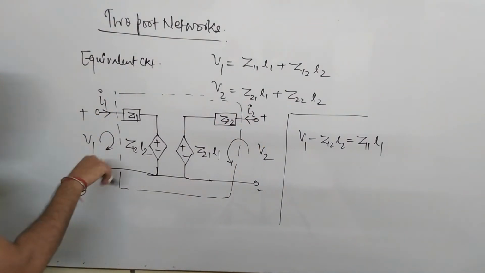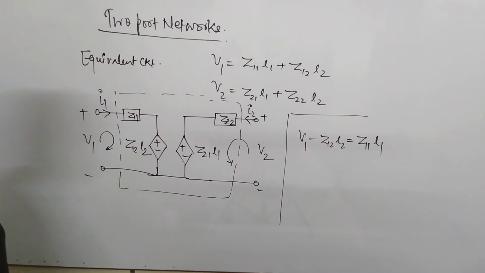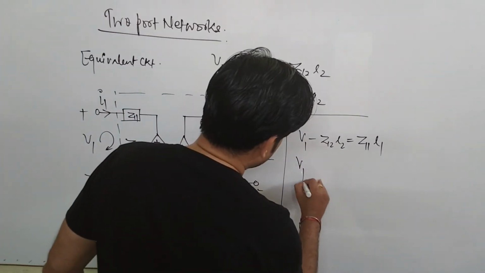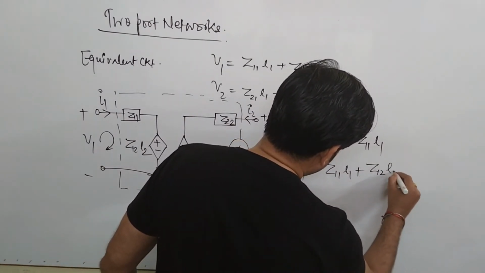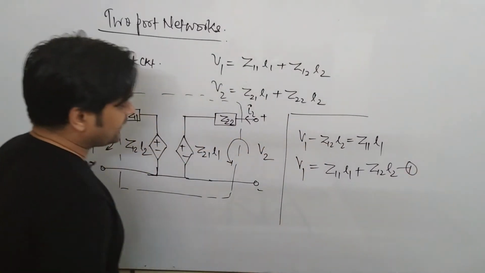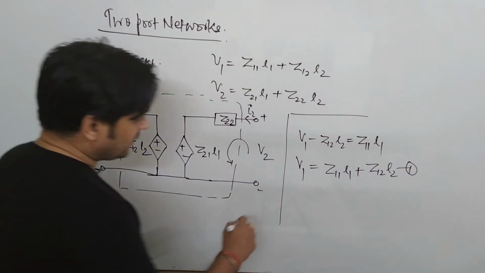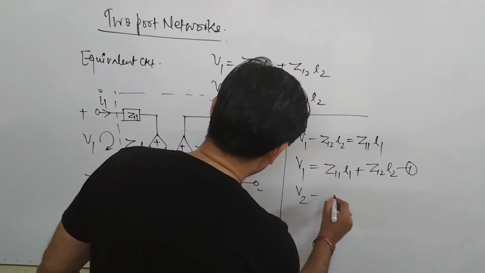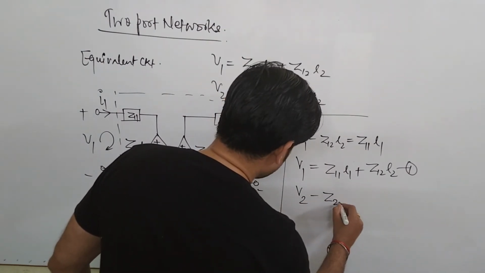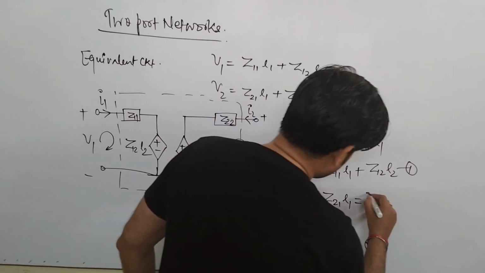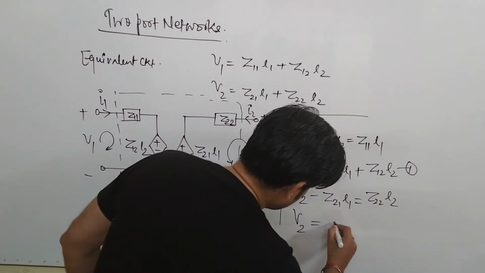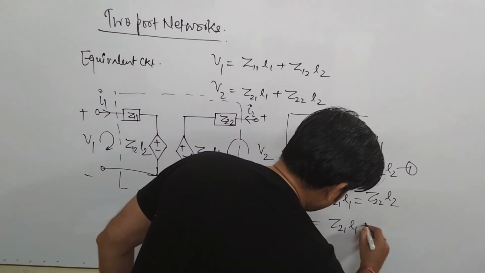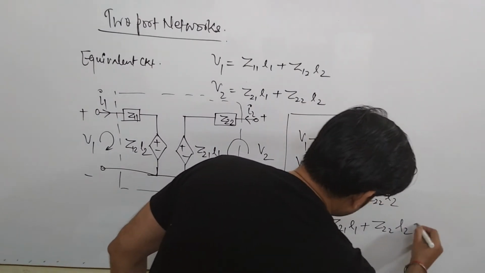So V1 minus Z12 I2 is equal to Z11 I1, and if you find the value of V1, that comes to be Z11 I1 plus Z12 I2. This is your first equation. Similarly, if you apply a loop here, that comes to be V2 minus Z21 I1 is equal to Z22 I2. If you rearrange this equation, that comes to be V2 is Z21 I1 plus Z22 I2.